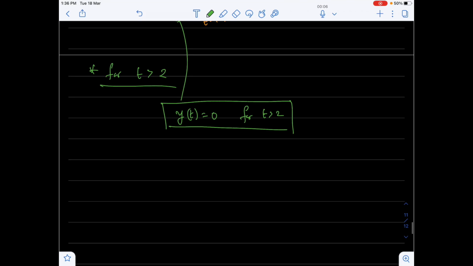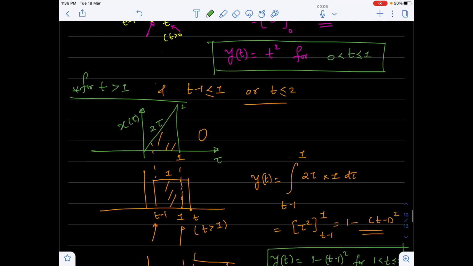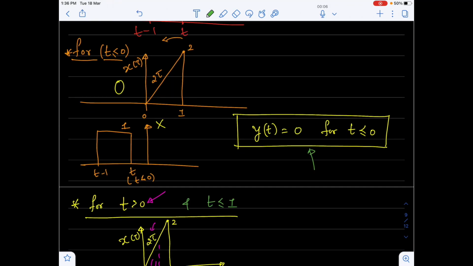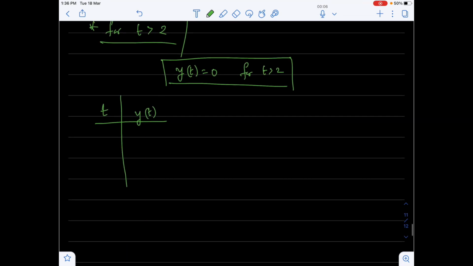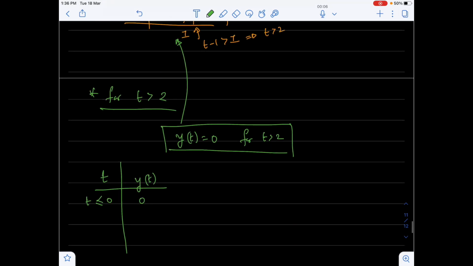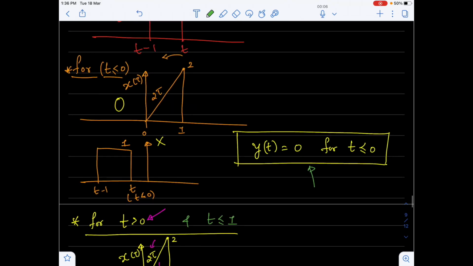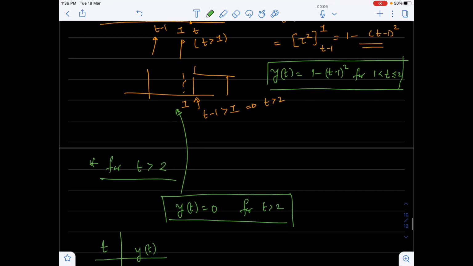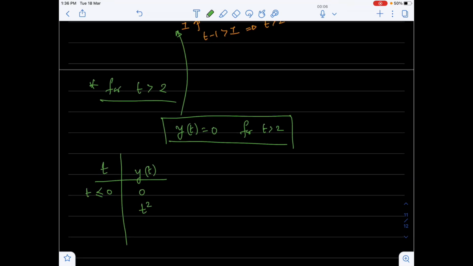Now I am just going to sketch the output. So this is t, then we have y of t. We will go through all these things. The first one is for t less than or equal to 0, y of t is equal to 0. Next, when t is between 0 and 1, it is t square.